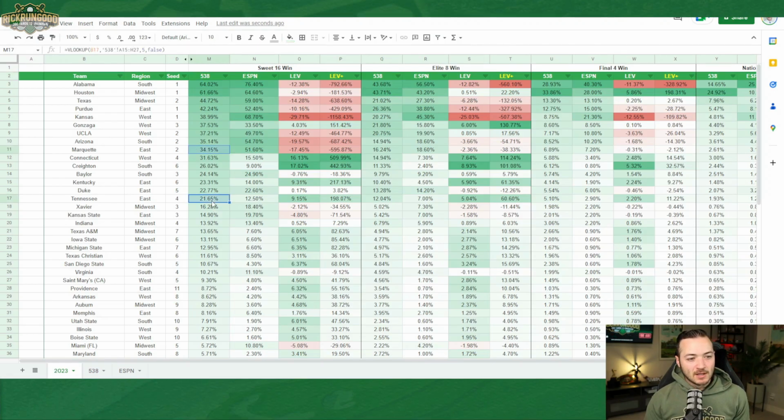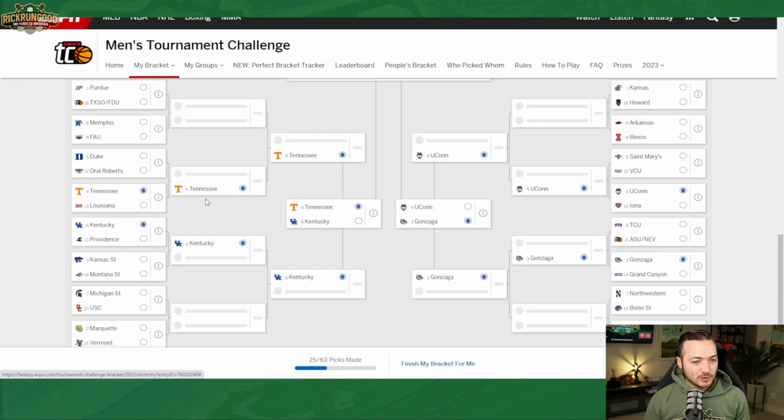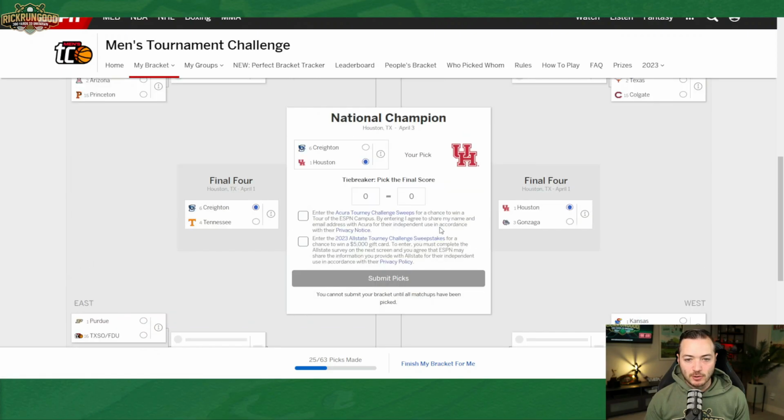I mean, it's a 14% difference between Marquette and Tennessee winning their Sweet 16 game, but Marquette is being chosen 50% of the time. That's not going to work for us. Kentucky we already have. We are avoiding Duke. I mean, we could put Duke through. There's just no leverage on Duke, and we have them losing in the next round anyway, so that's probably not going to be a route that we go. So Tennessee and Kentucky getting to the Elite Eight feels fine. So we've got those two.